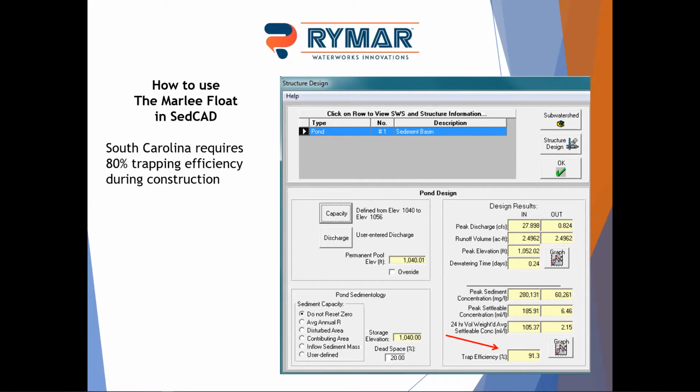We have been successful in some cases with identifying that SEDCAD does not factor in surface withdrawal, and therefore it is reasonable to assume it is underestimating the trapping efficiency based on that fact. And if that's explained to reviewers, they may be willing to forego meeting that 80% if it's reasonable within your engineering judgment that you've hit a percent high enough that if you factor in the surface withdrawal, you would actually get to your 80%.